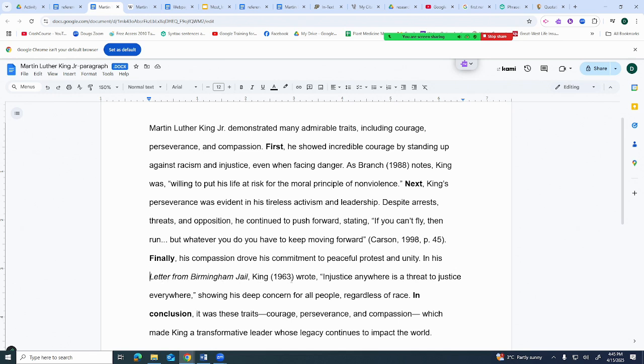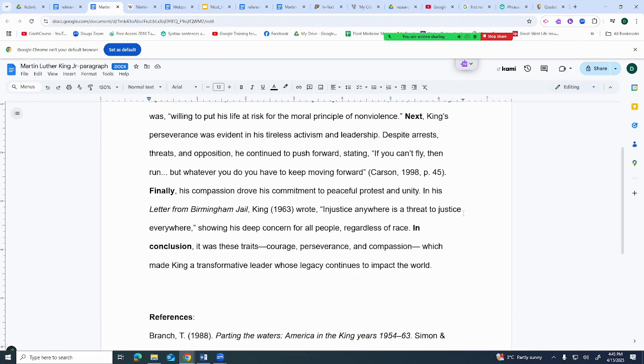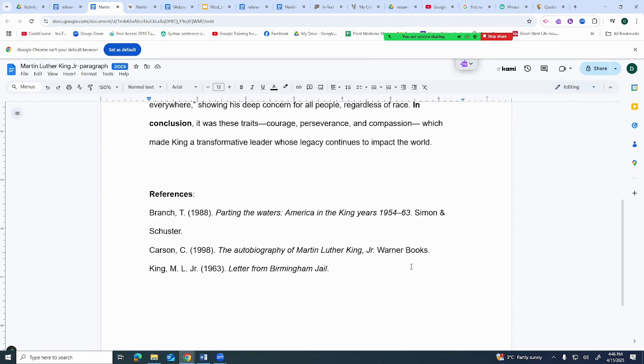King, 1963, wrote, injustice anywhere is a threat to justice everywhere, showing his deep concern for all people, regardless of race. Finally, here's our last transition word. In conclusion, it was these traits, courage, perseverance, and compassion, which made King a transformative leader whose legacy continues to impact the world.